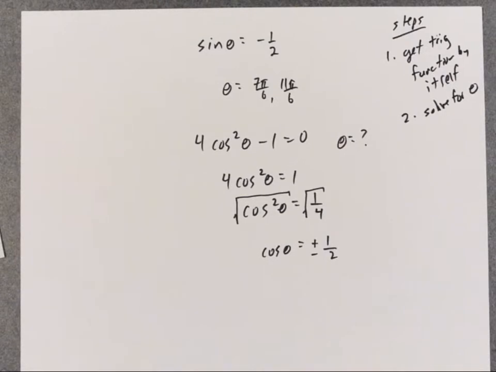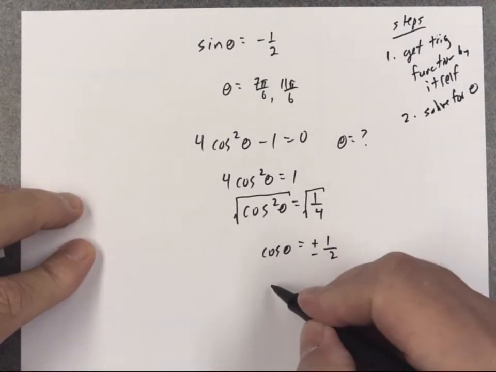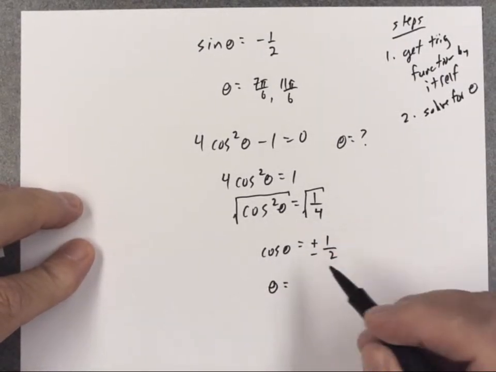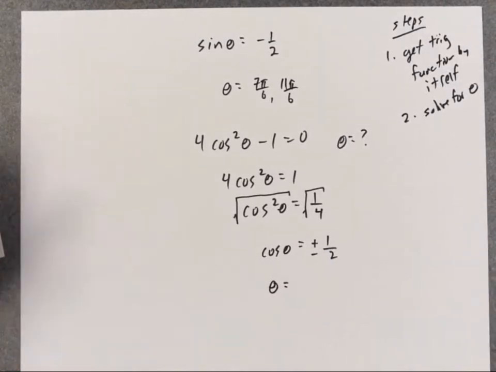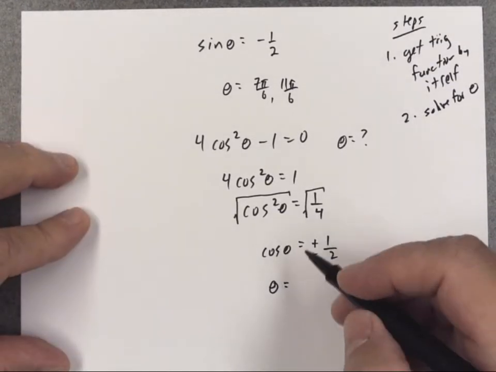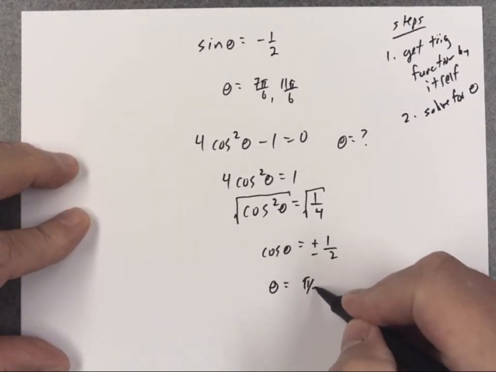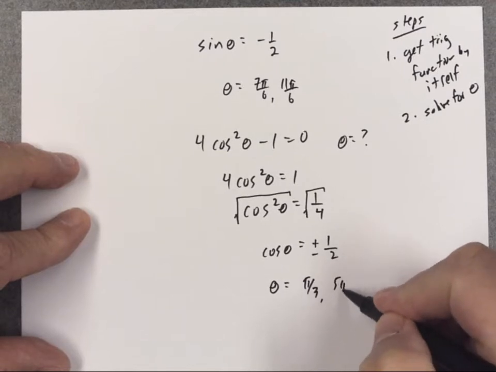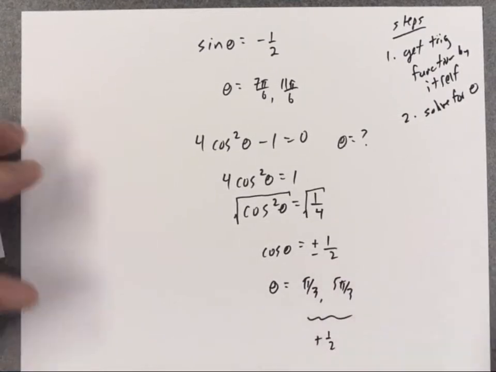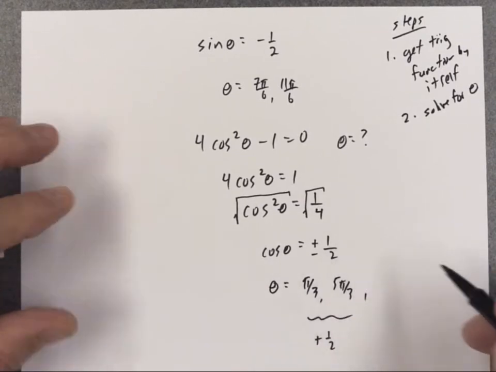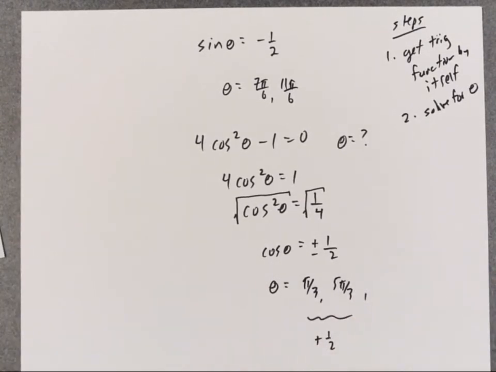So therefore now, how does this work? Well, let's first go find the angles for positive 1/2. And quickly in my head, I remember it's pi over 3 and 5 pi over 3. So those are the ones that come from the positive 1/2. But then I say, okay, now let's also go look at the angles where the cosine would give me -1/2.